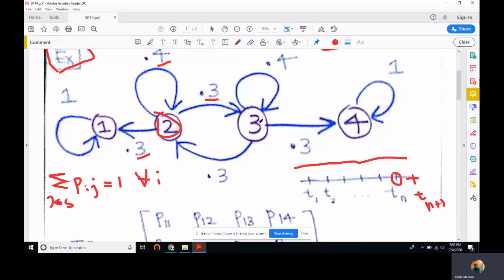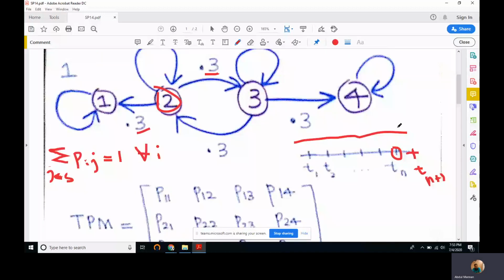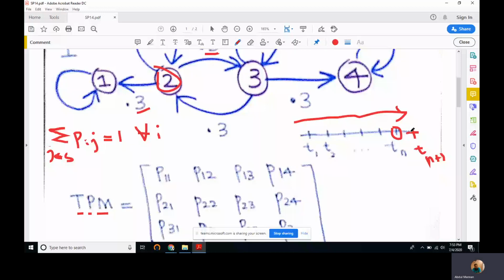What is TPM? TPM is the transition probability matrix, also called the state transition matrix. This P11 is the probability that the state was 1 at Tn, and what is the probability that it will be 1 at time n plus 1. P12 means that the state was 1 at n, and what is the probability that it will be 2 at n plus 1.